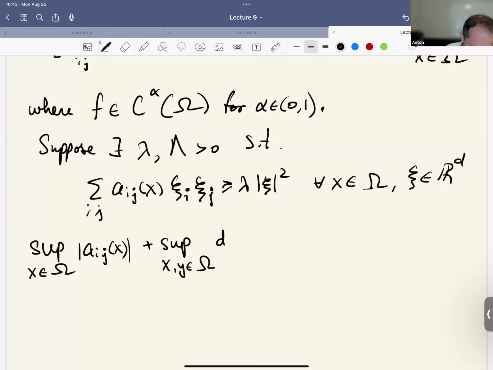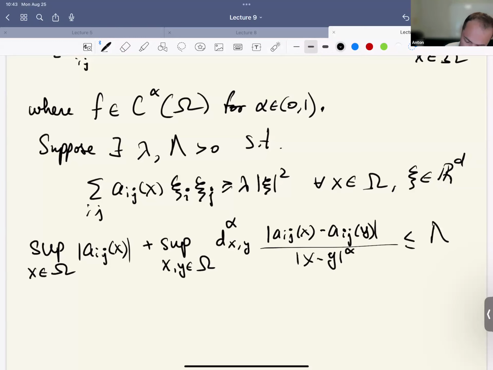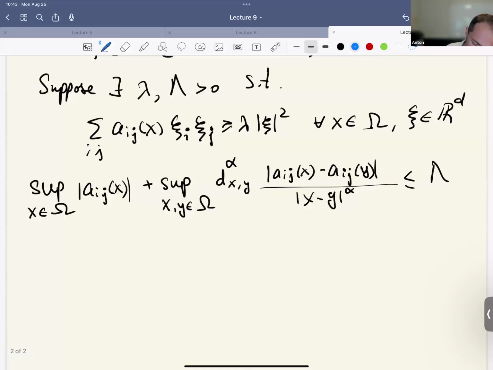So d_xy to the alpha times the a_ij of x minus a_ij of y divided by x minus y to the power of alpha is less than or equal to lambda, with some notation d_xy.